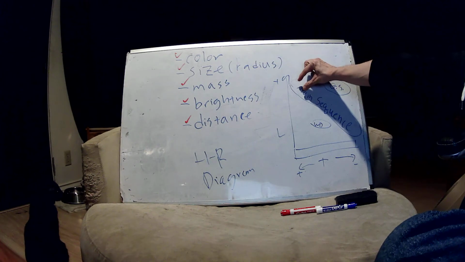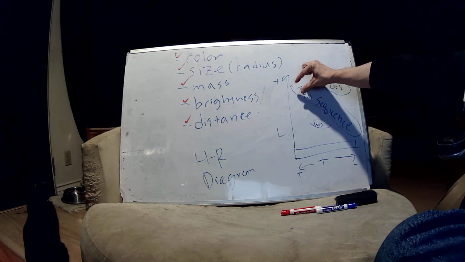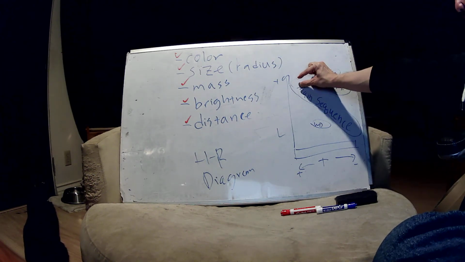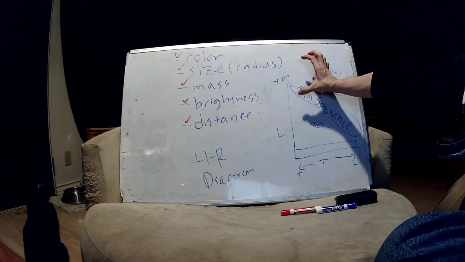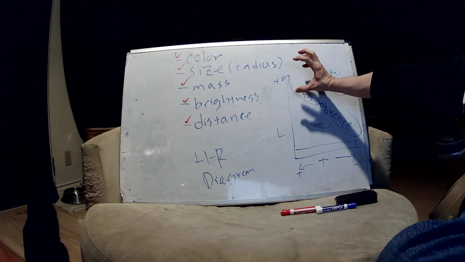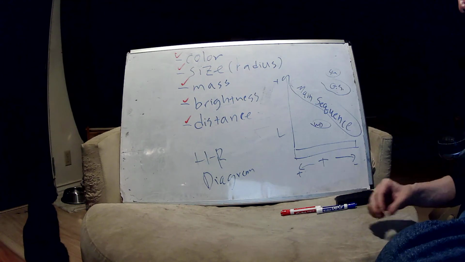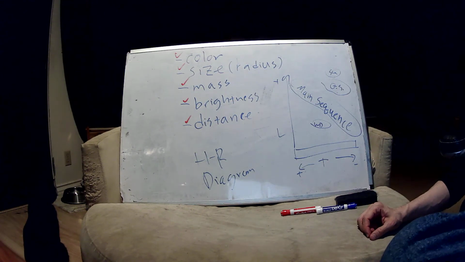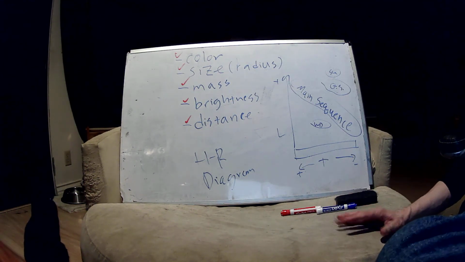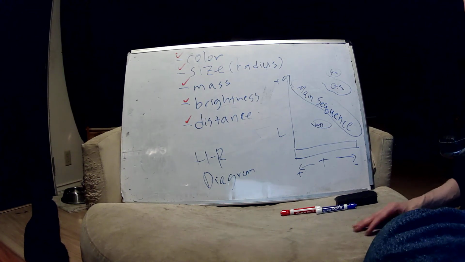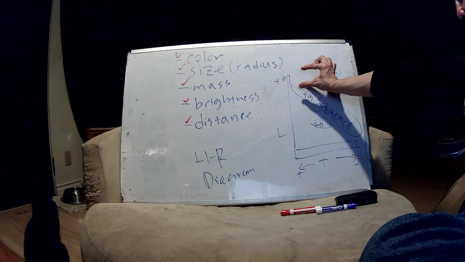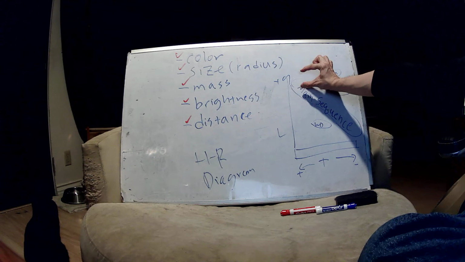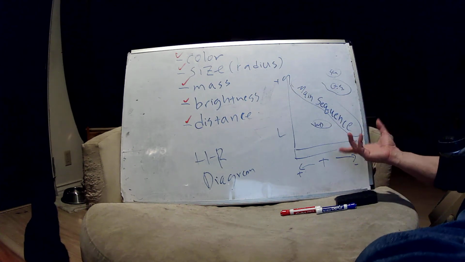But a blue star may have 10 or 15 solar radii, right? It'll be 10 to 15 times the size of the sun, and between 20 and 60 times its mass. Huge, enormous, right? So there's a big variation in between these huge, hot blue stars and these tiny little red ones.